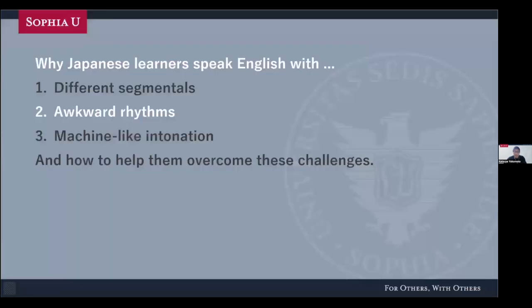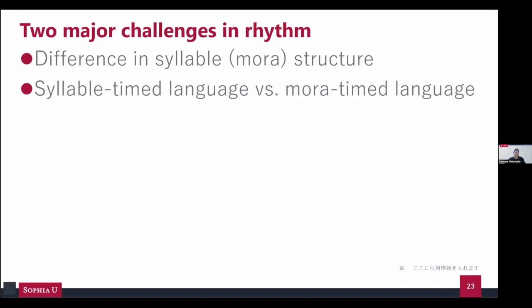All right, let's move on to the next one, awkward rhythm. Japanese people speak English with awkward rhythm. It's more like a constant rhythm. Then we have to know the two challenges. One is the difference in syllable structure or mora structure, a syllable-timed language versus a mora-timed language.